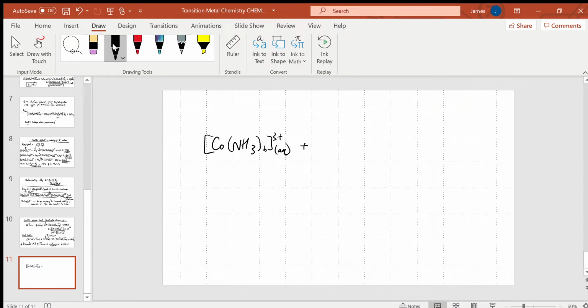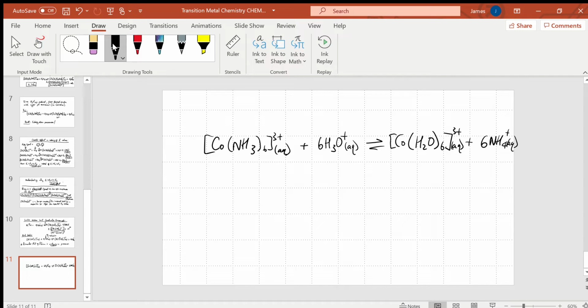And we can add, in the presence of acid, so 6 hydronium, and we can get cobalt hexaaqua ion, and 6 ammonium ions. So basically a total ligand exchange.